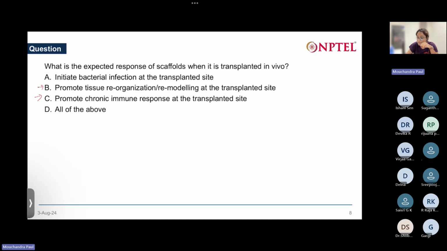So the correct answer is actually option B. When we are making a tissue engineered product where the scaffold is seeded with cells and you have cultured it for some time and now it is ready for transplantation, your product has both the cells and scaffold together and it is transplanted.